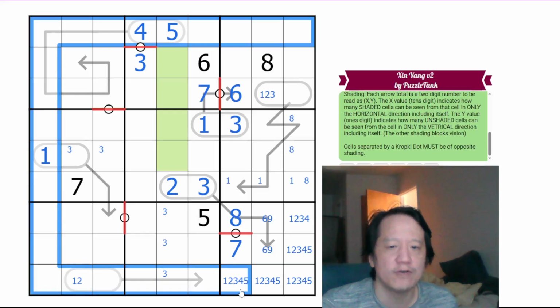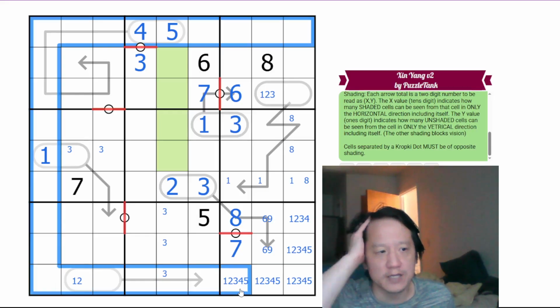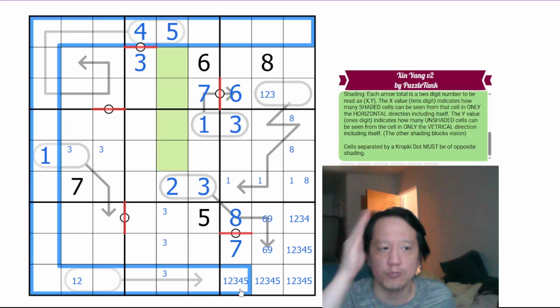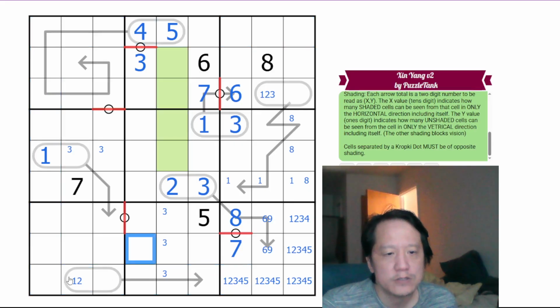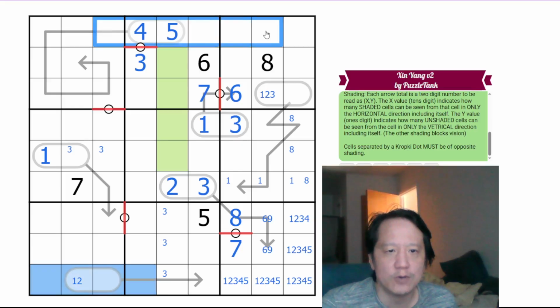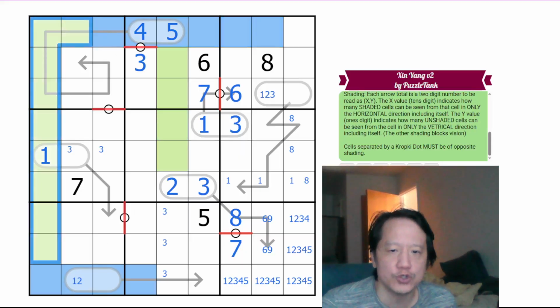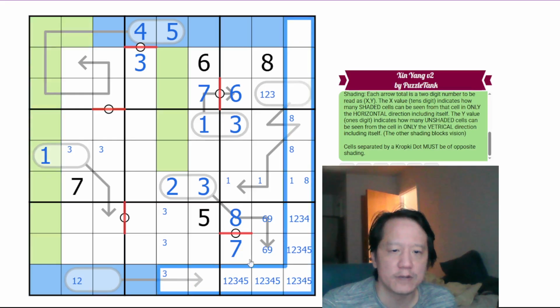We have to have one completely orthogonally connected region of shaded cells and one completely orthogonally connected region of unshaded cells. So what happens if we try to break this apart into shaded and unshaded, but we have multiple changes, we have more than 2 changes of shading?